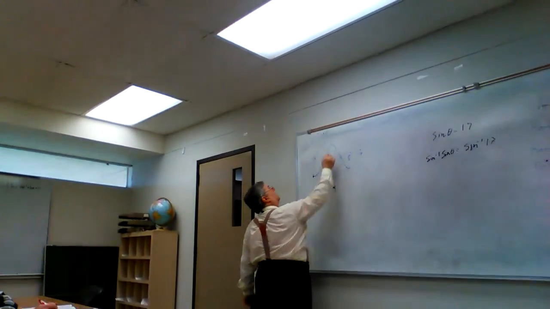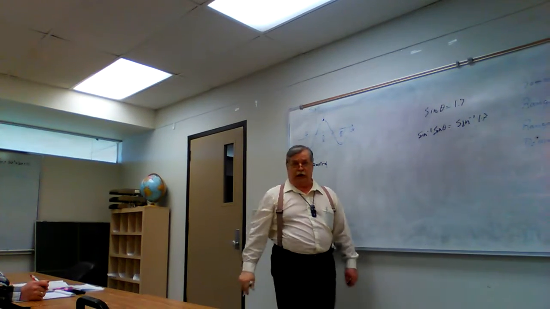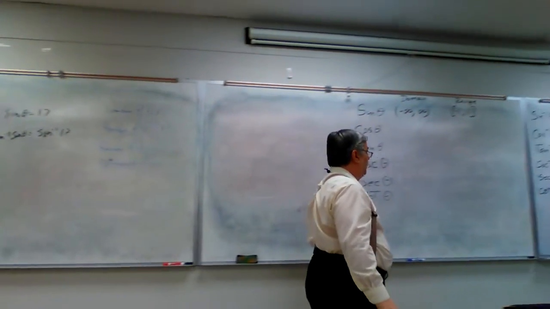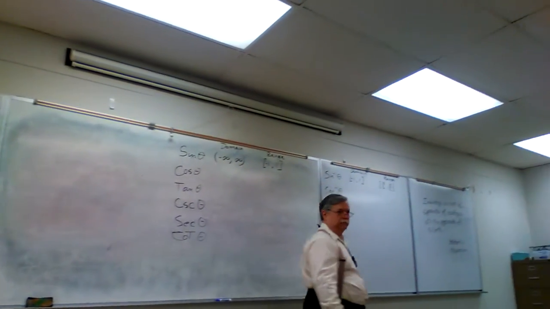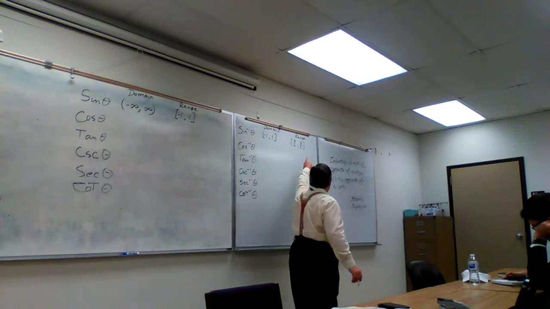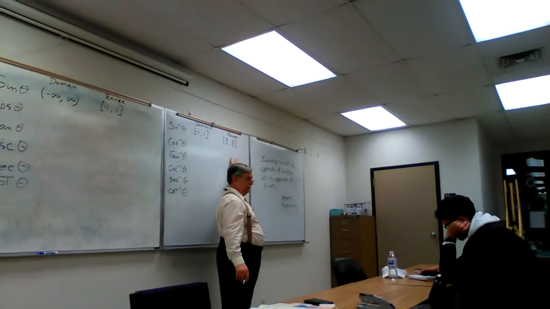The original function has values of 1 and negative 1 at pi over 2 and minus pi over 2, respectively. This is where that restricted domain comes into play.